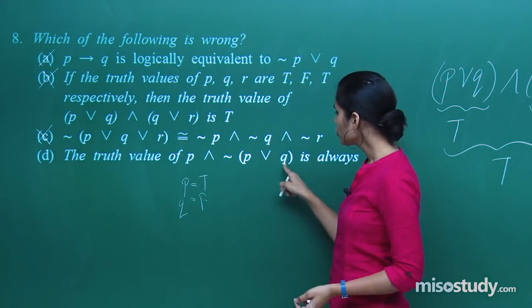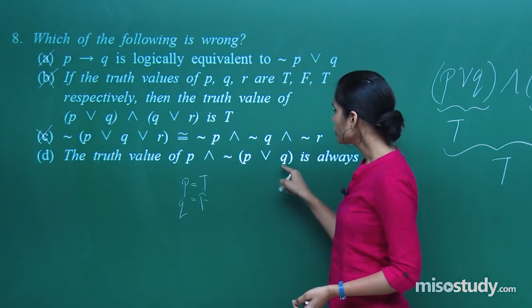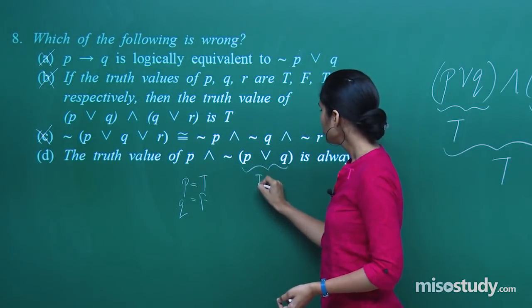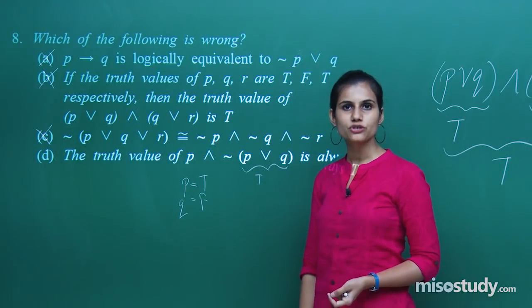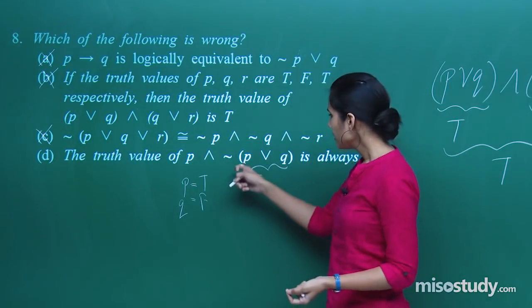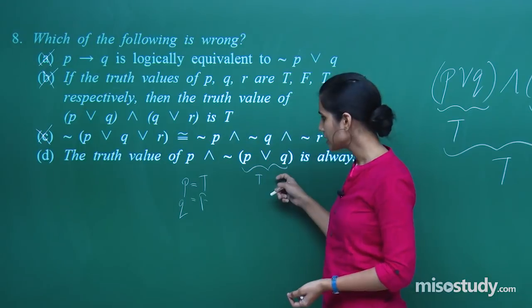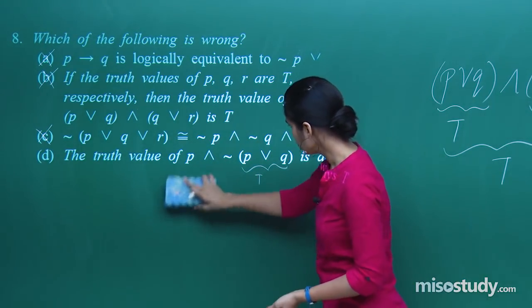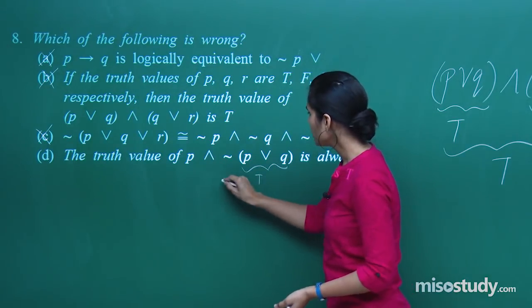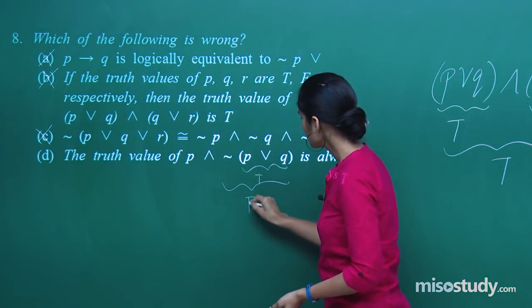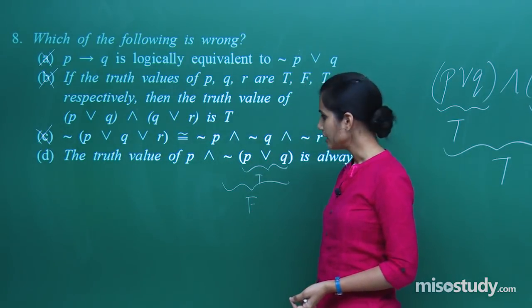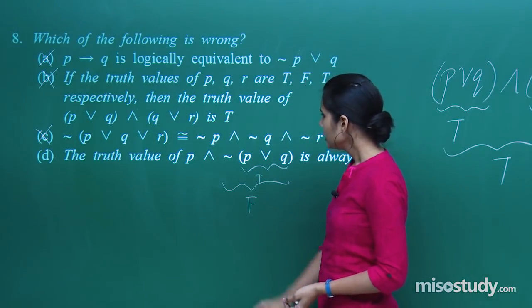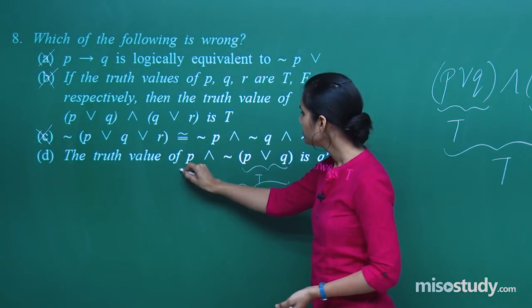If P is true and Q is false, P or Q will be true, because P or Q is true when at least one of them is true. If this is true, not of this will be false, right? Not of this will be false. I have taken P to be true.